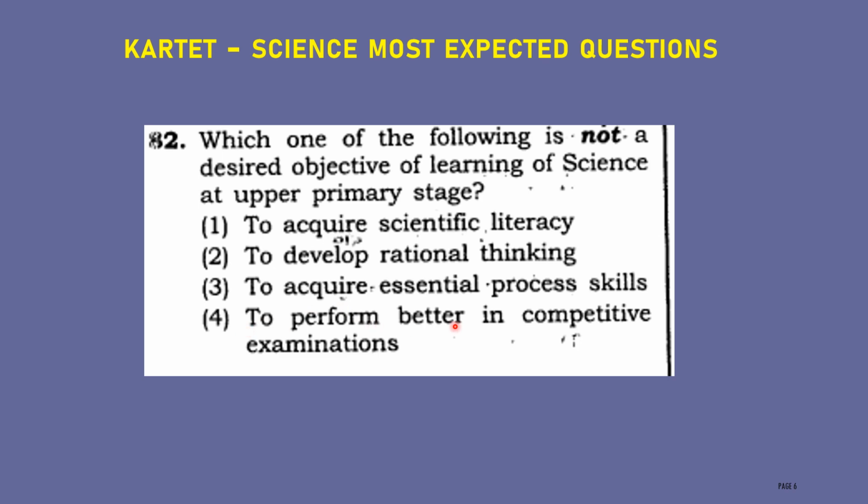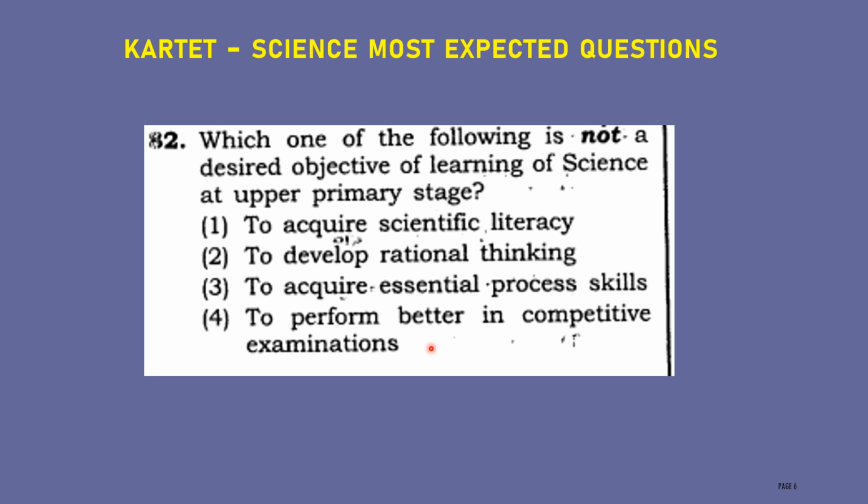Then the fourth one, to perform better in competitive examinations. This is not the correct one, this is the wrong one, because the objectives of science are to create awareness of science, rational thinking, skills, everything. Then you have to understand the concept, and relate science with daily life.